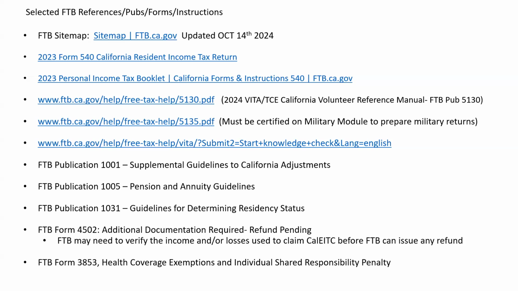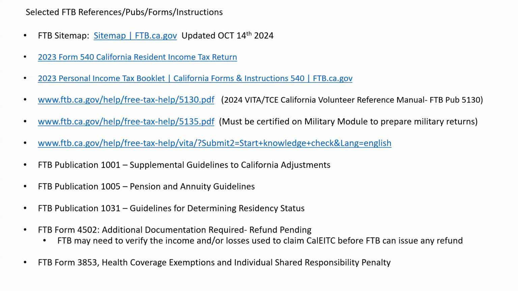And then we mentioned before that at the VITA site, we help people out as best we can. We'll give them information. We do not advocate for them. And that's something that you want to stay away from, because once you start advocating, you're in a different lane and you want to stay out of that lane.